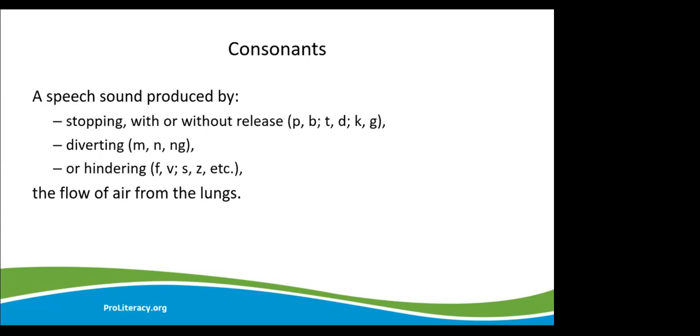Or hindering, where you've got TH or V, where a lot of air is still coming through, but you're tightening down with your lips and slowing what the air is doing, and then adding some extra vibration up there at the front of your mouth. So as vowels let the air flow freely, consonants will either stop it, divert it, or slow it down.